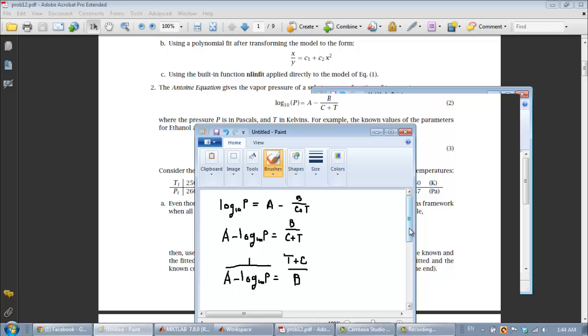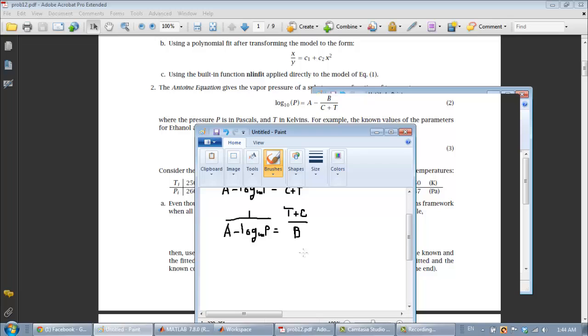Okay, and what can we eventually transform this into? We can transform it into b over a minus log base 10 p minus c equals t. Okay, so what's cool about this problem?